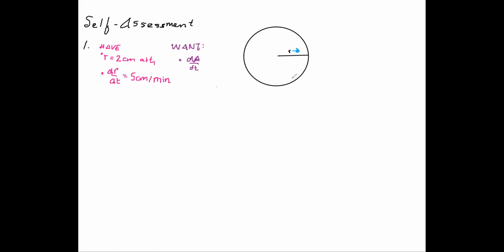As R increases, the area increases. As time goes on, it will get bigger and bigger. Okay, so we've established that. We know what we want, which is dA dt. How am I going to get it? What equation can I use?